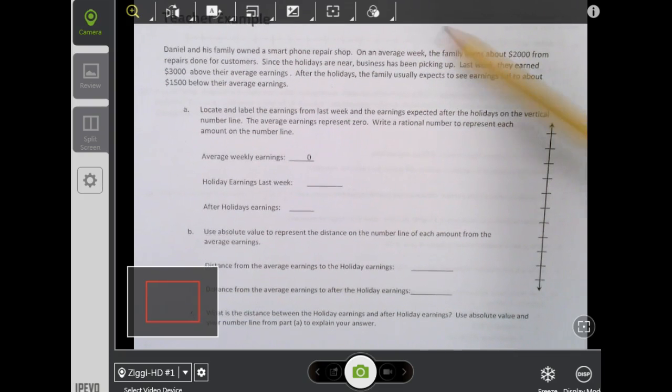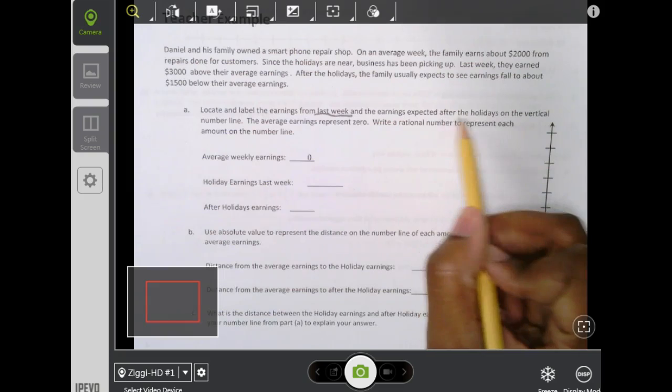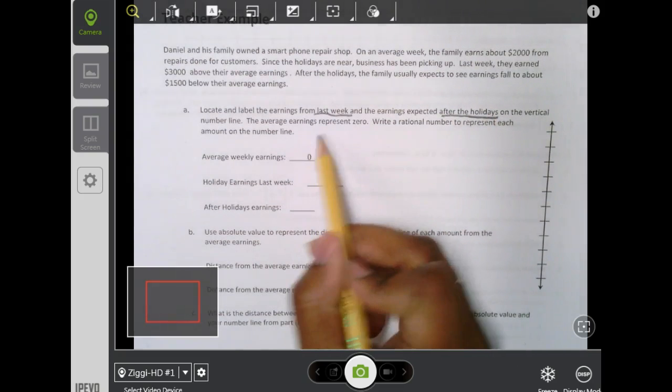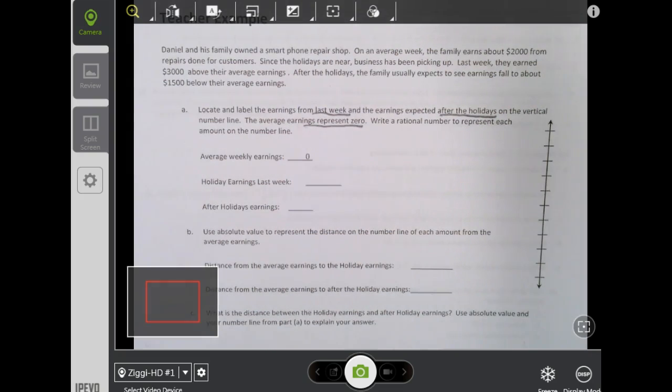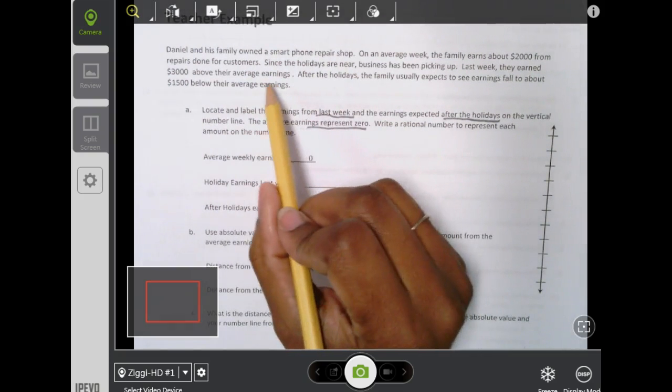In Part A, you're going to locate and label the earnings from last week and the earnings expected after the holidays on the vertical number line. The average earnings represent 0. Write a rational number to represent each amount on the number line. So let's look at the exercise.